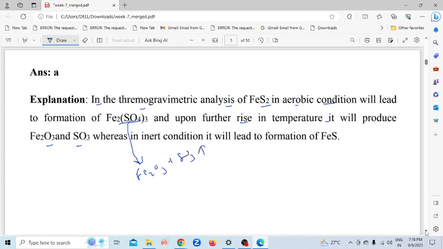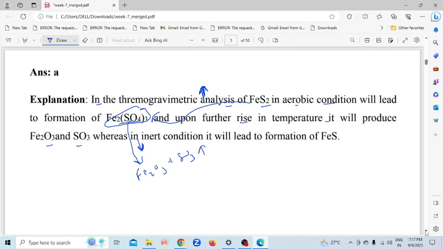So again weight loss will be there, because here it will be weight gaining. From FeS to Fe2(SO4)3, if you count molecular weight, the weight of ferric sulfate is higher. So initially it is a weight gain; this upper arrow shows that it is gaining weight. But if you continuously rise the temperature, it will lose weight again.